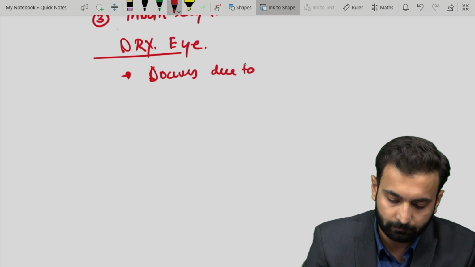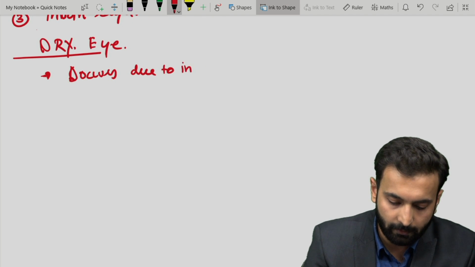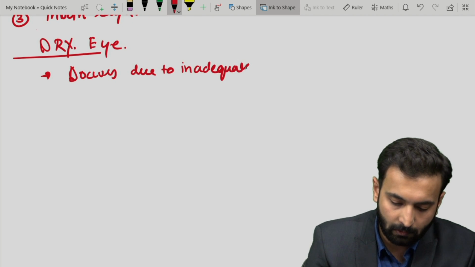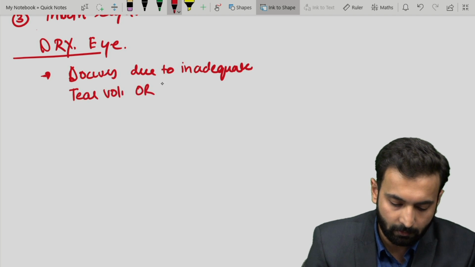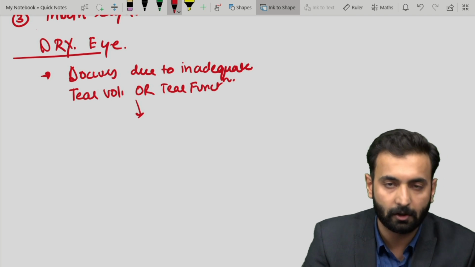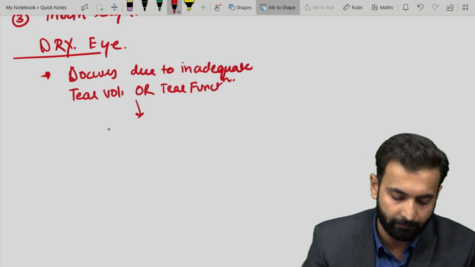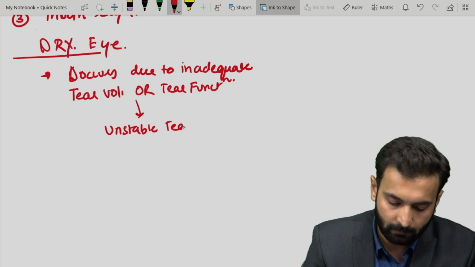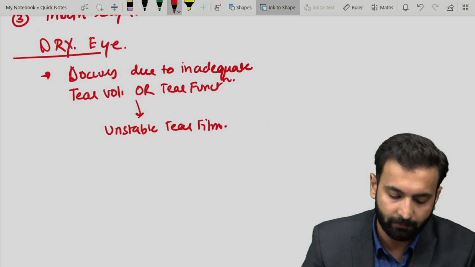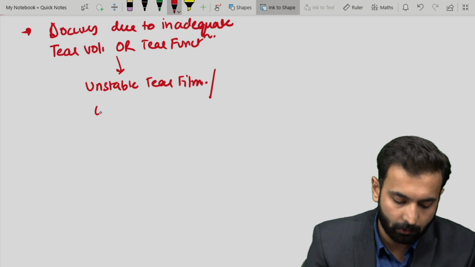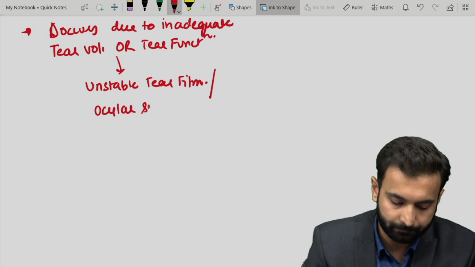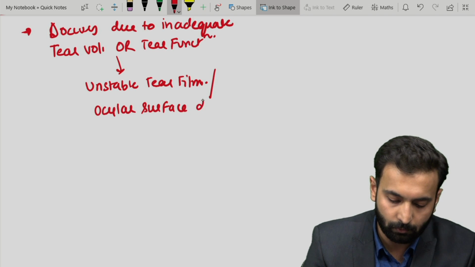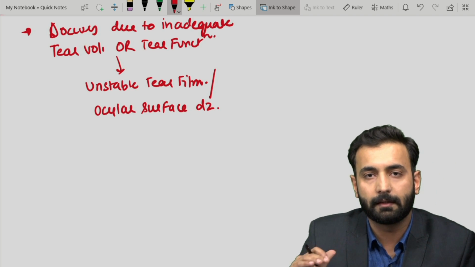Both these conditions or either of them will lead to an unstable tear film or ocular surface disease.